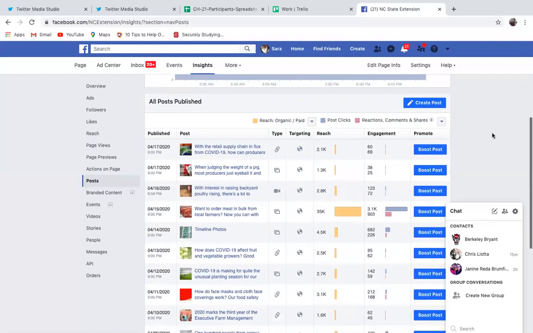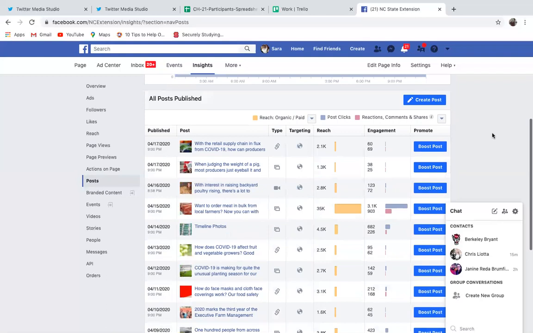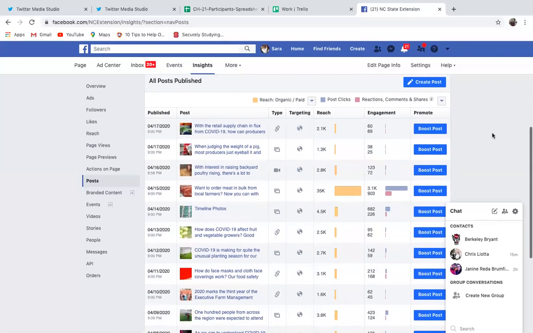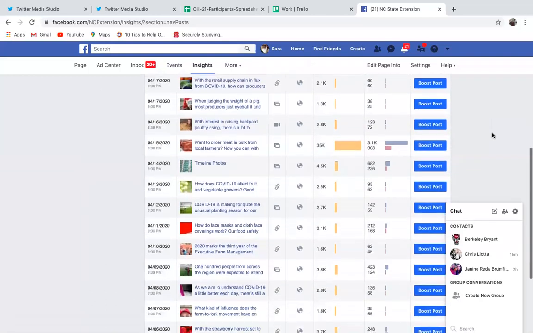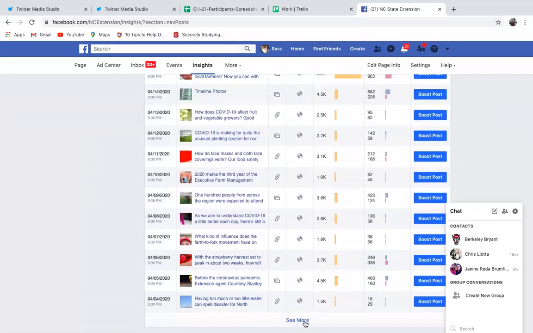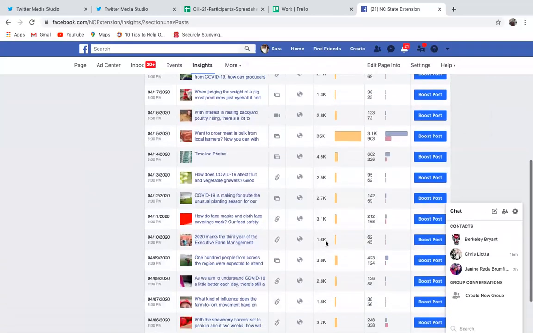And then from here, you can look at your individual posts, so you can see if there was any sort of spike. Just looking at the posts they've listed, you can always hit the See More tab and it'll show you more posts.